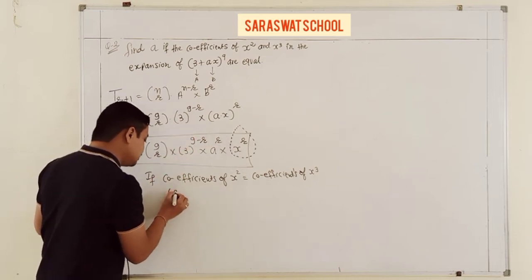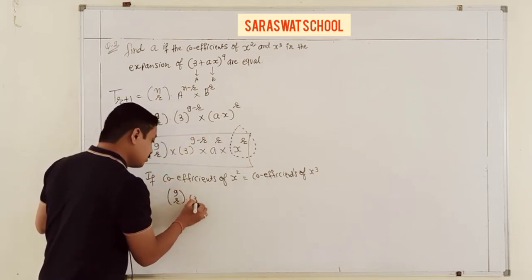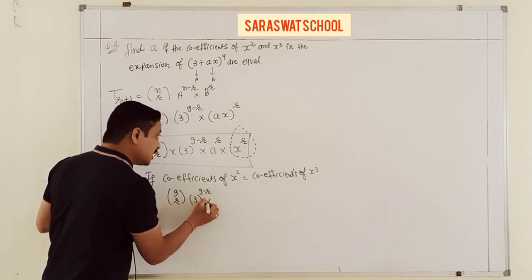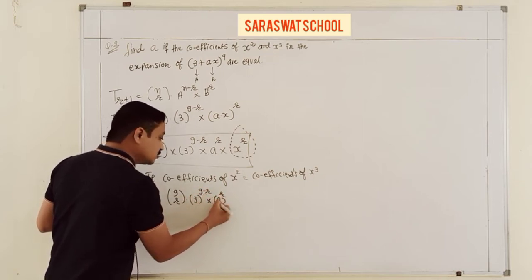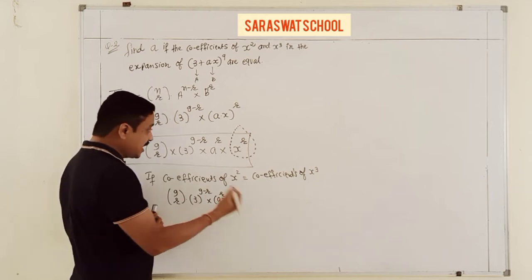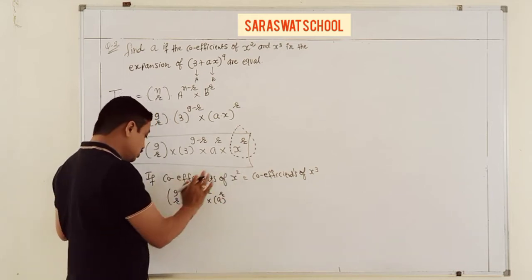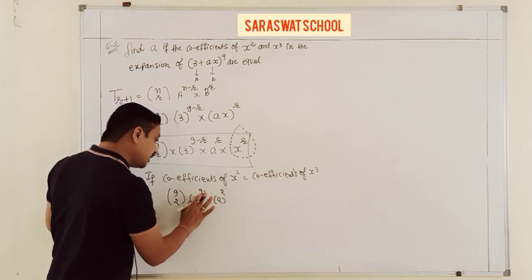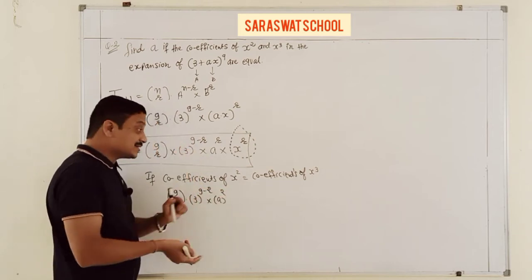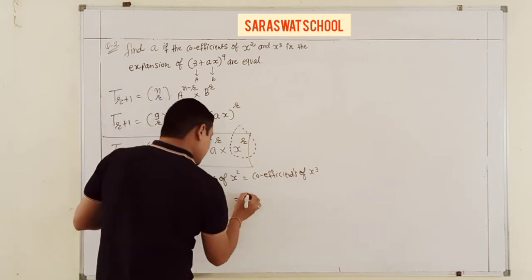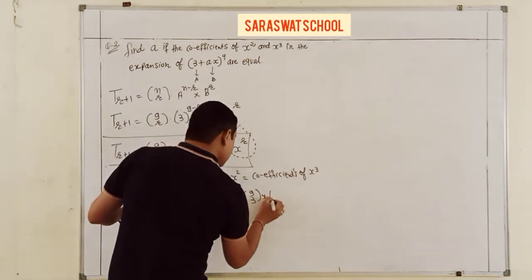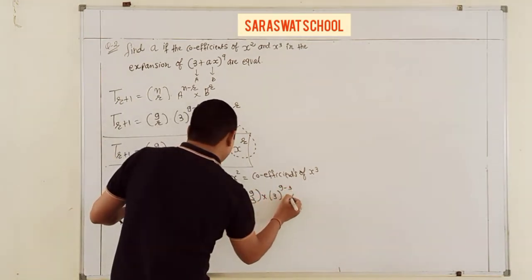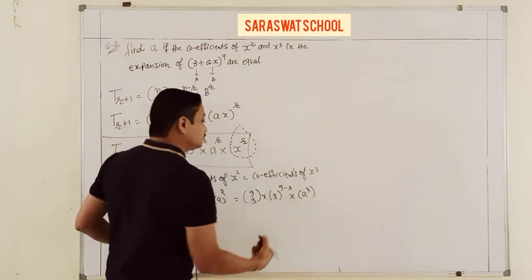Actually 9Cr, 3 raised to 9 minus r, a raised to r. What is r? 2. So here I write 2, that also 2 and here also 2. Same as in x cube: 9C3, 3 raised to 9 minus 3, and a raised to 3.